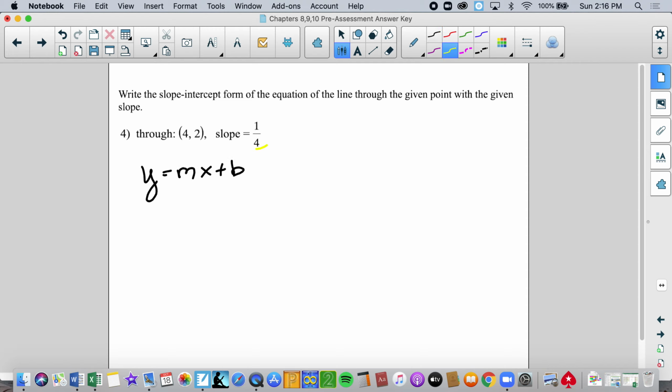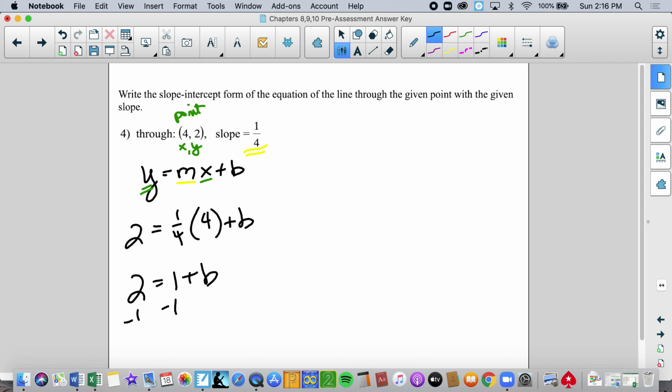We aren't given b, we're given a point, and the point consists of x and y values. So those will go in for the variables x and y in this template. So my y value is 2, my m value is 1/2, my x value is 4, and now I'm going to solve for b. So I have to simplify.